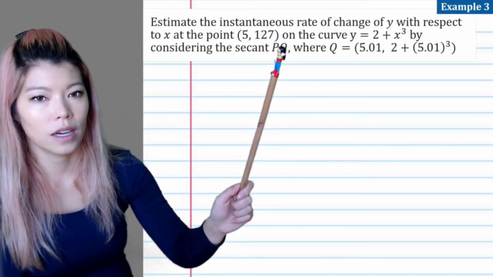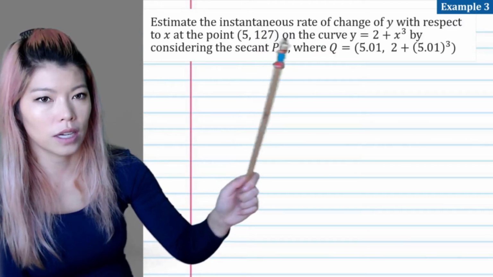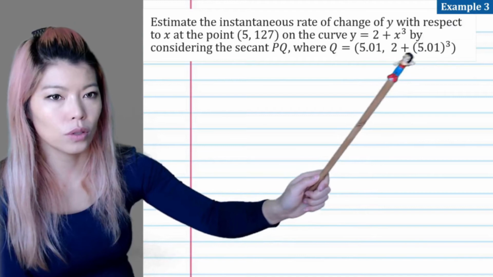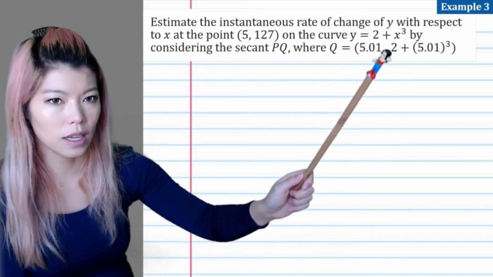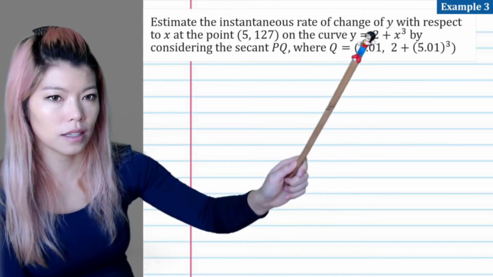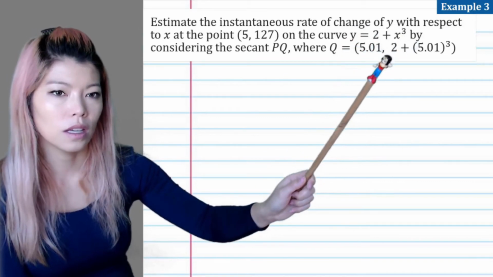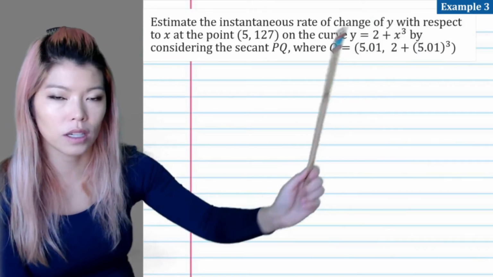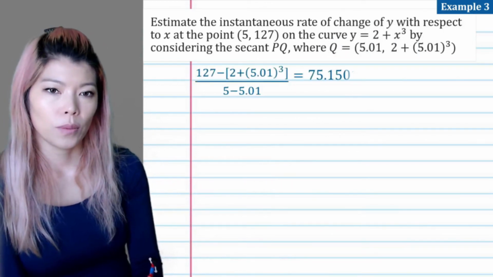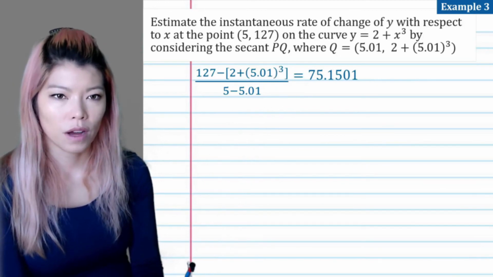The y value for Q looks scary, but all I did was put the x value 5.01 into the equation here. Can you see the equation is 2 plus x cubed? So 2 plus, well, x for Q is 5.01, so 5.01 cubed. So when we plug that in, we get 75.1501.